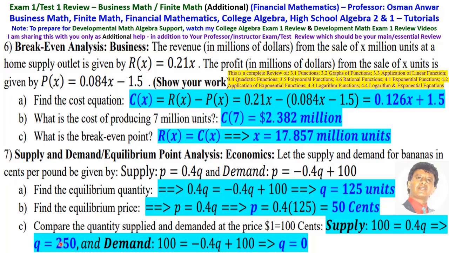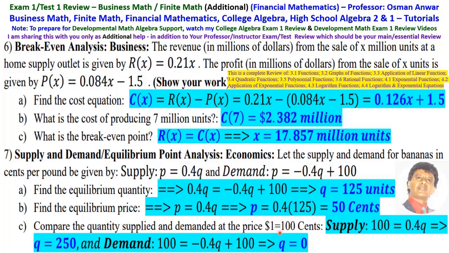So the supplier is willing to provide 250 bananas. And for the demand, 100 = -0.4Q + 100. 100 minus 100 is 0, then Q is 0 over 0.4, which is Q is 0.